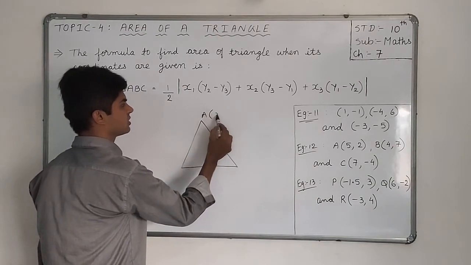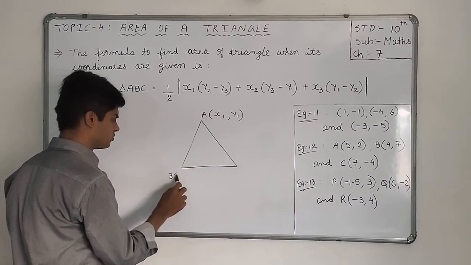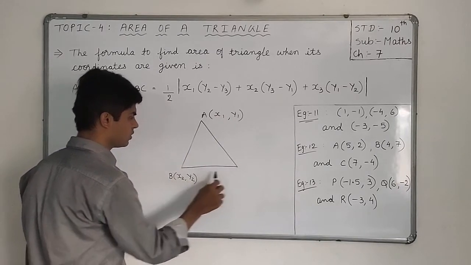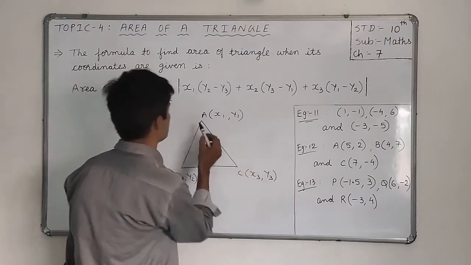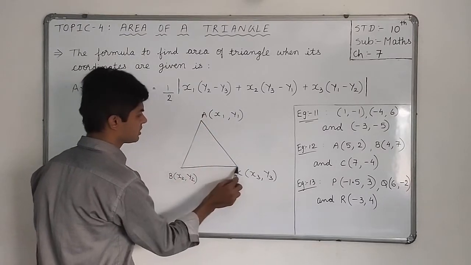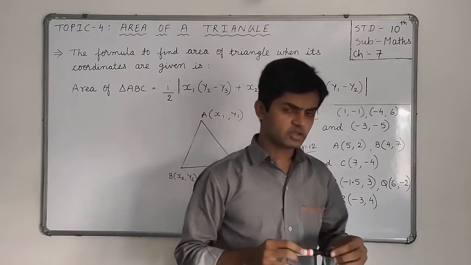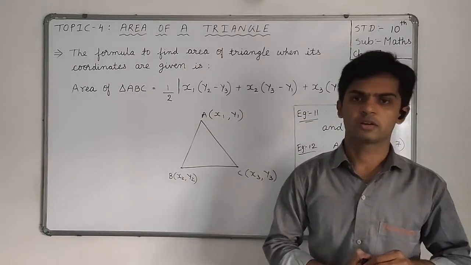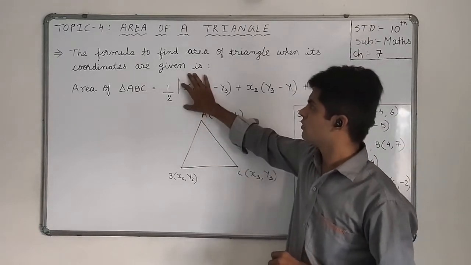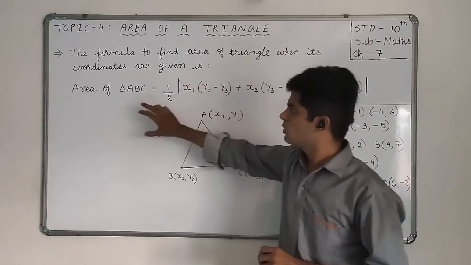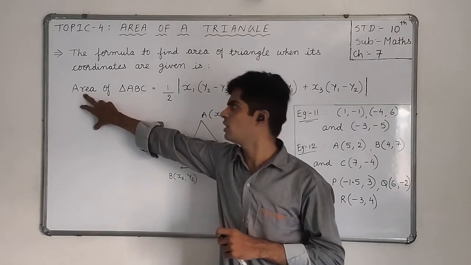The coordinates of A will be suppose x1 y1, coordinates of B suppose x2 y2, coordinates of C suppose x3 y3. Now if the coordinates are given to us, how can we find the area of the triangle? That we have to see and learn in this topic. One formula is given to us. Let us see first of all what that formula is, and you also have to learn the formula by heart.